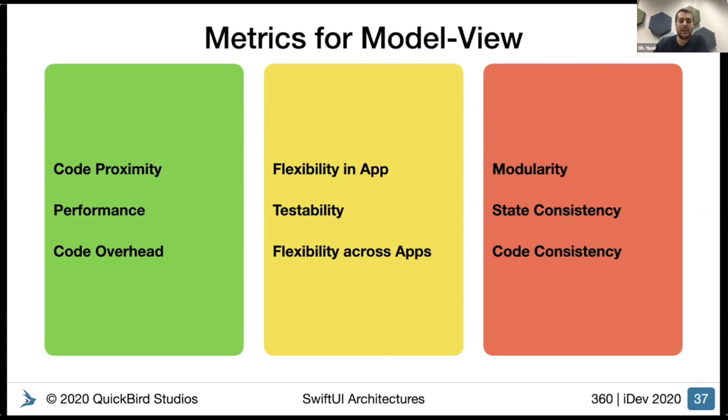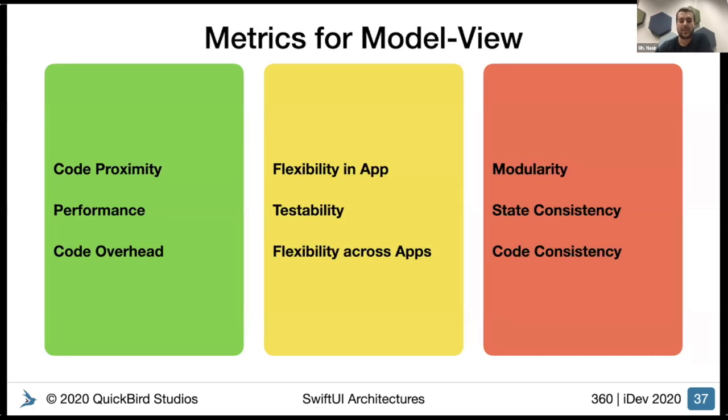Then testability. It really depends on what you define as testability and what parts of your application you want to test. If you want to test the business logic of the view without actually showing the view or writing a UI test, for example, it's quite hard to do in those situations. Of course you can test your model, but you cannot easily just send out an action for that application and then see how the UI reacts to that change in state.